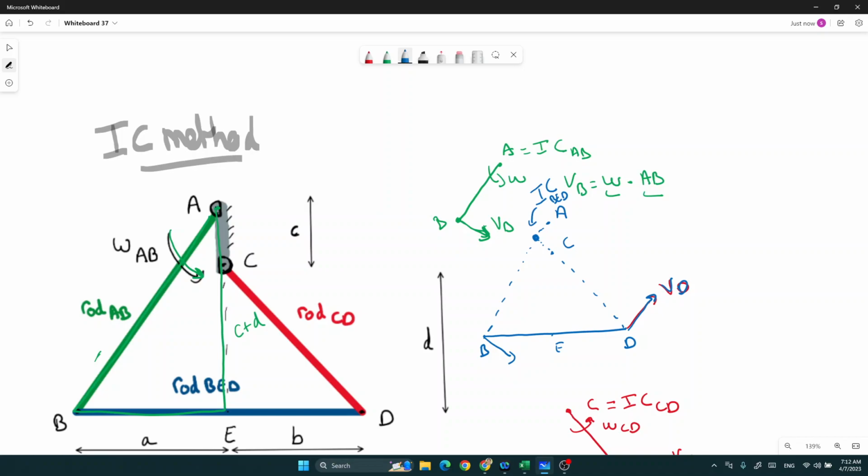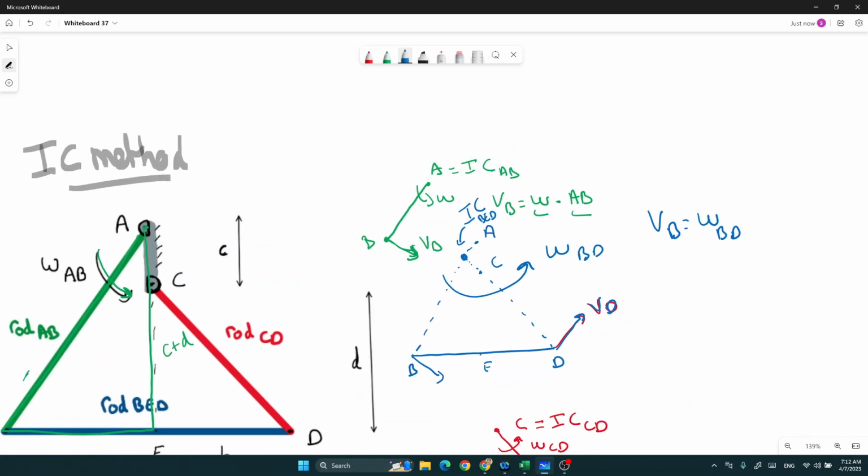So if you want to solve for the omega of BD, we can use this formula, VB equals omega BD times, let's call that F, like on my document, times BF, because F is the IC. So if you know this distance BF, we already know BD, that was this one.